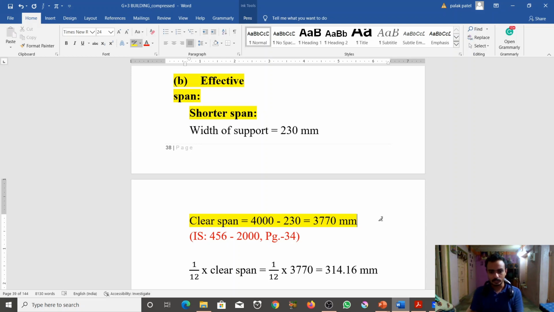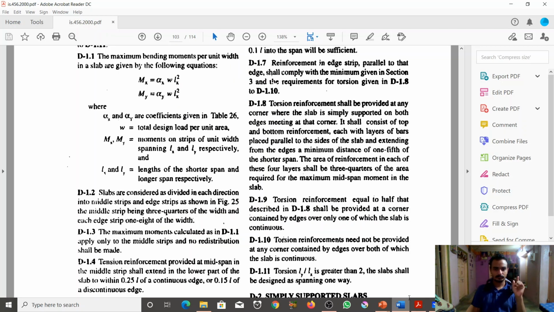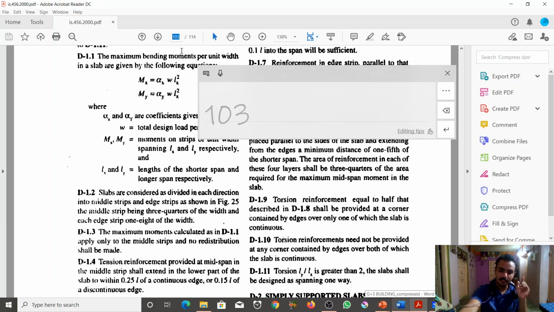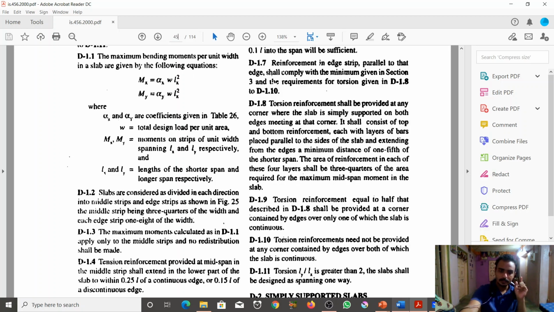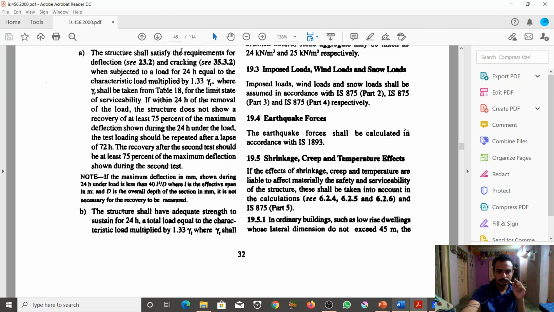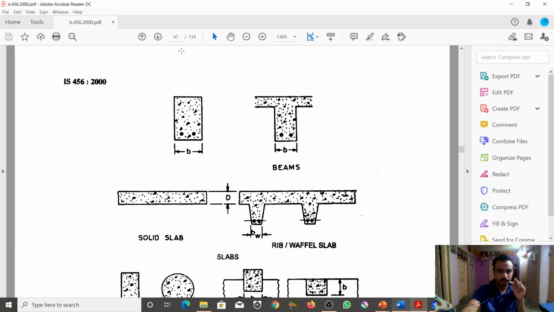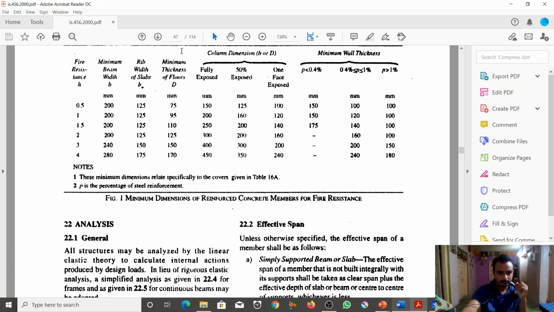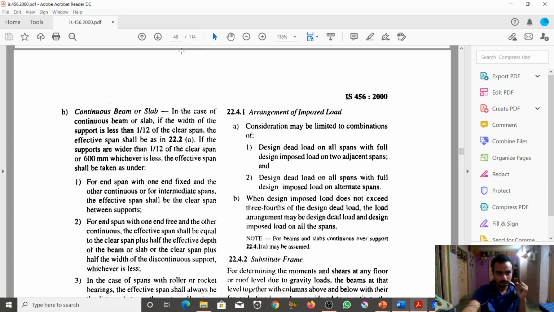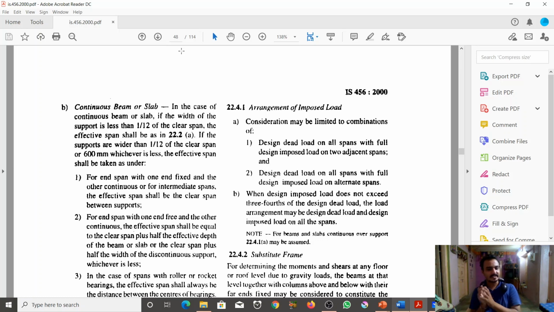Now this is a continuous slab, so we have to follow IS 456:2000, page number 34. Same condition we discussed earlier.